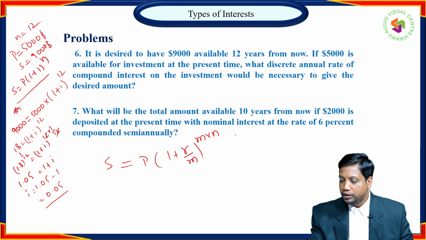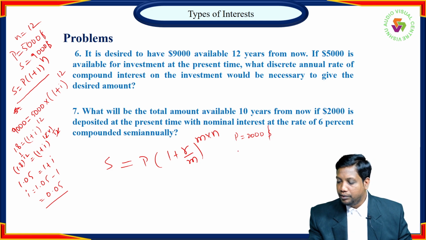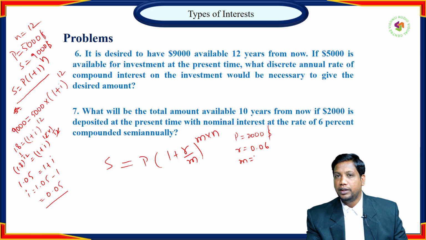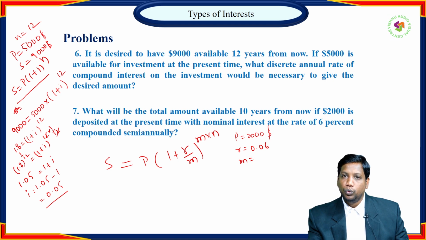So the principal amount is given as $2,000 and the nominal interest rate is given as R equals 0.06. M is given as semi-annually. Semi-annually means two payments annually.